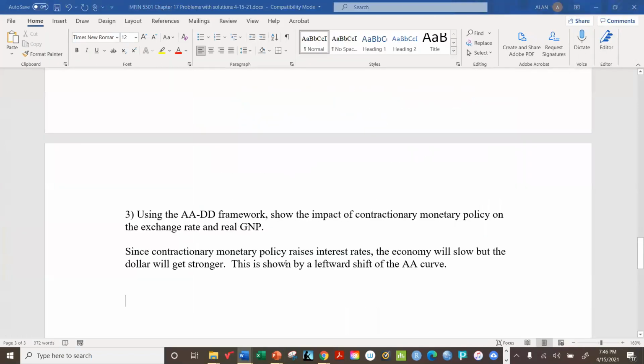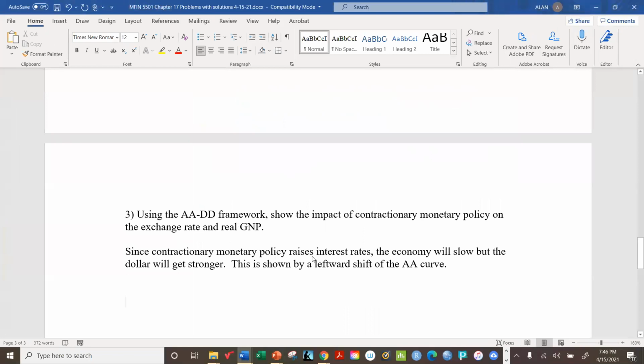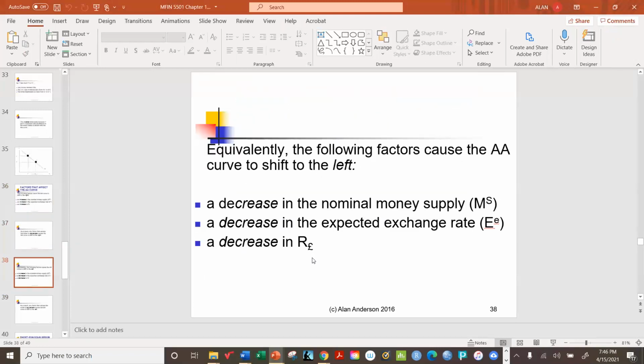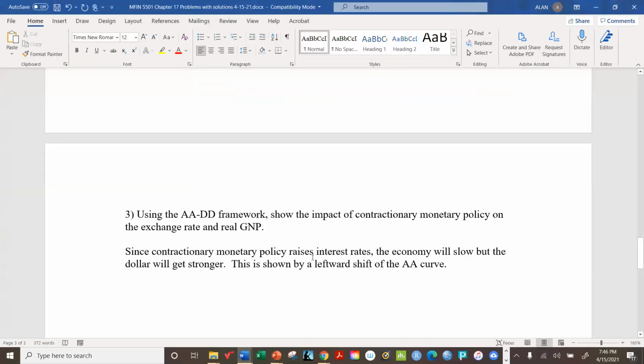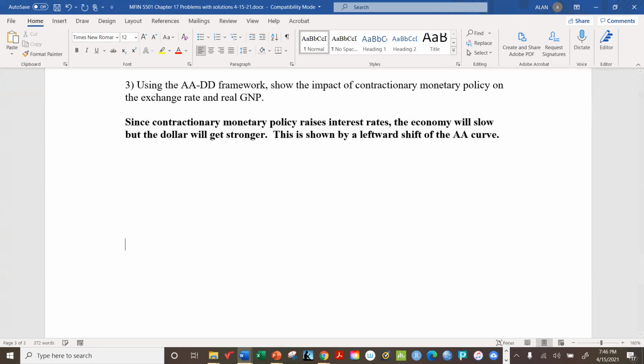Contractionary or US rates going up, or we can think of it as US money supply going down, causes the curve to shift to the left. Exactly. All right, so of course it's just the opposite.